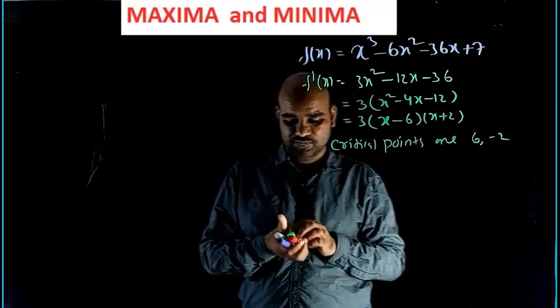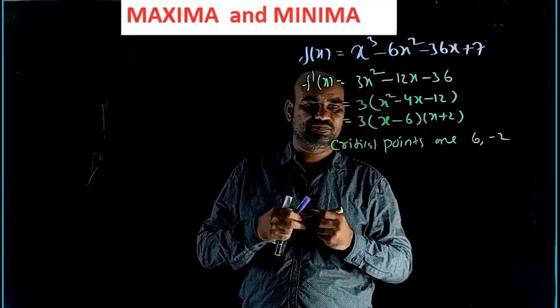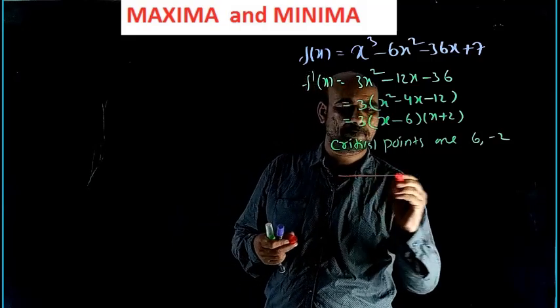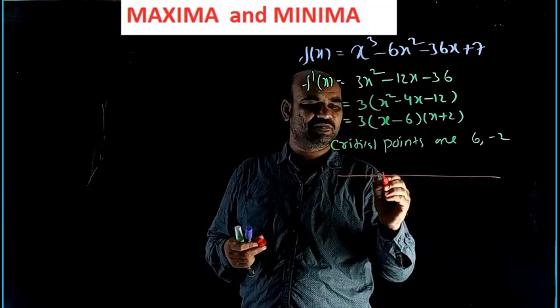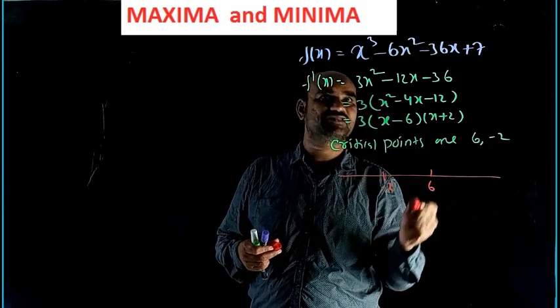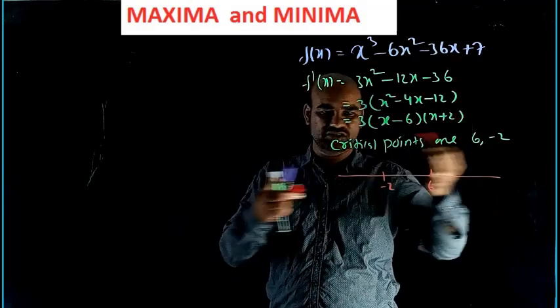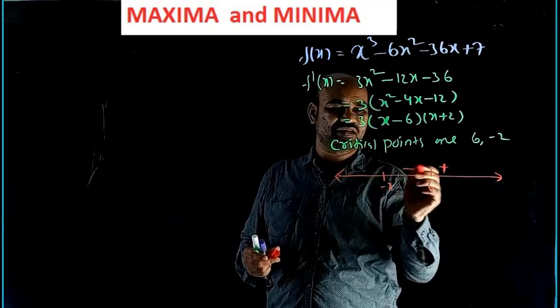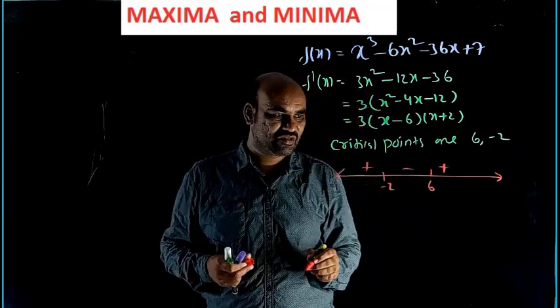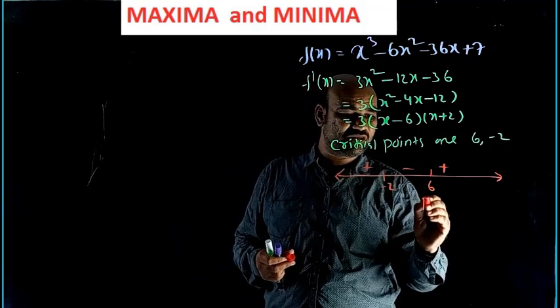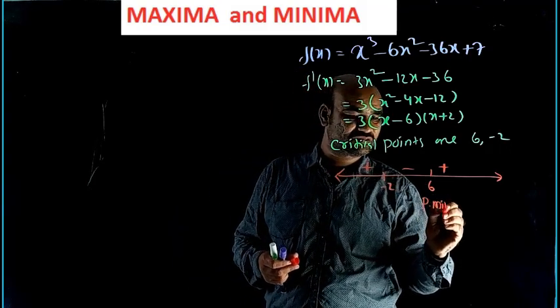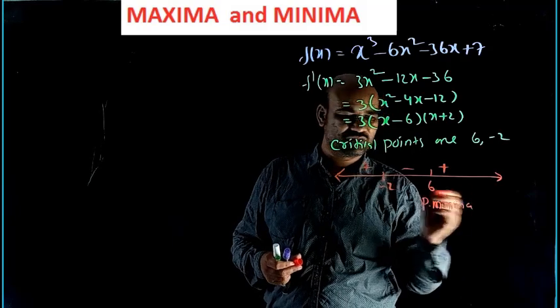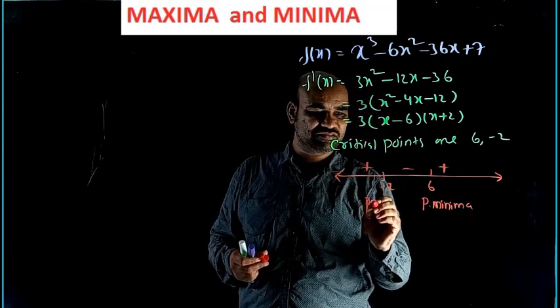So you know the next step, sign scheme. Minus 2, 6, domain all real numbers, the total real number line. Plus, minus, plus. So this becomes the point of minima. This becomes the point of maxima.